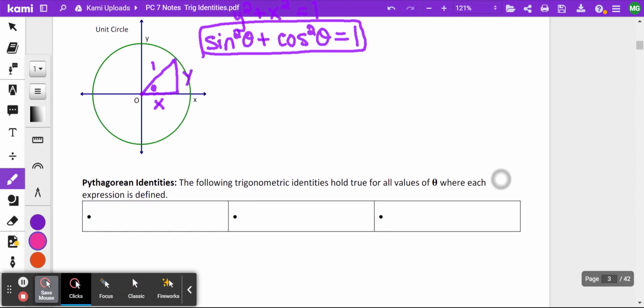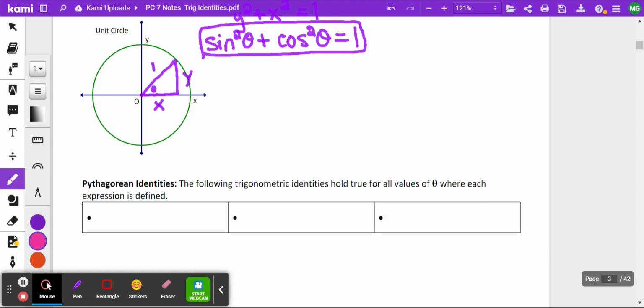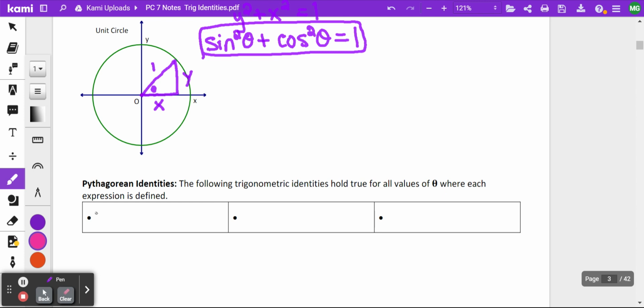So I'm going to scroll up here. So that's the first one we're going to write here, is that the sine squared of theta plus cosine squared of theta equals 1. Now, if we take this and we move some things around, it might look a little different.